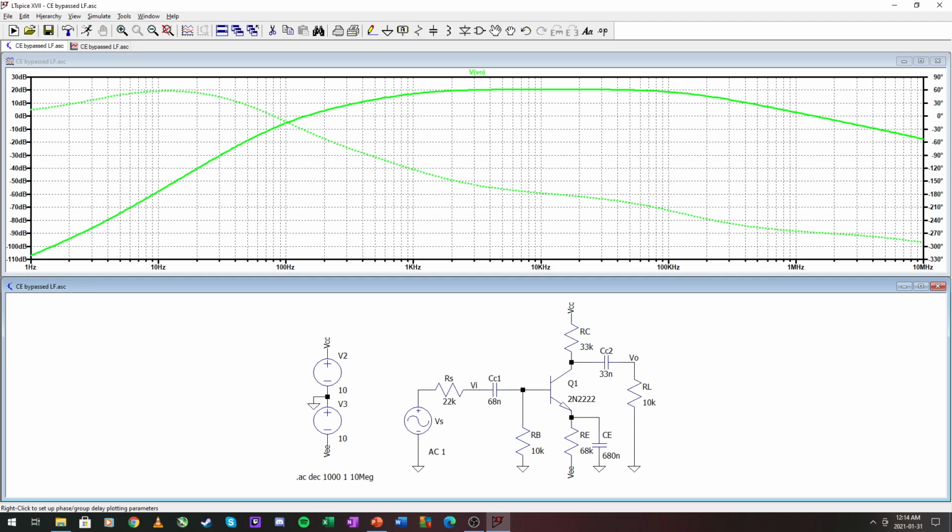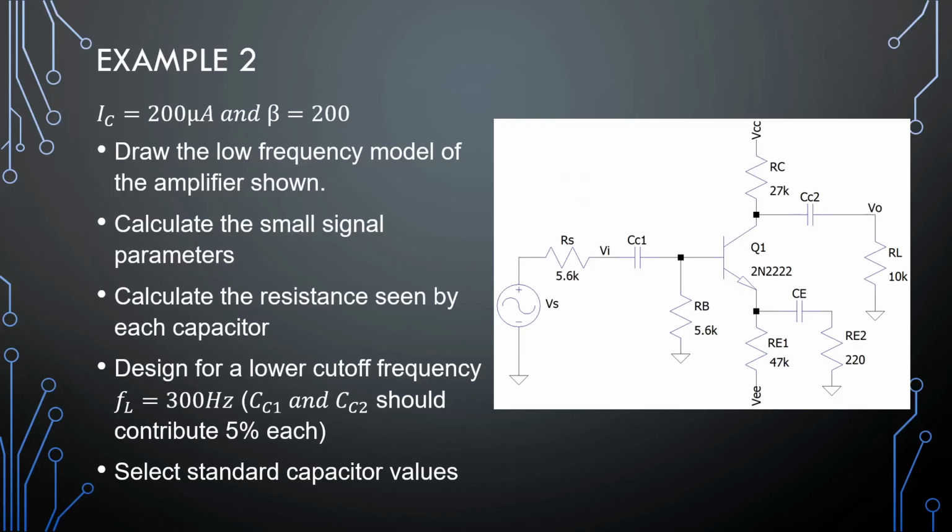Okay, let's look at the next example. For example 2 here, we have this extra emitter resistor included, and now we want to design for 300 Hz, and C1 and C2 should contribute 5% each.